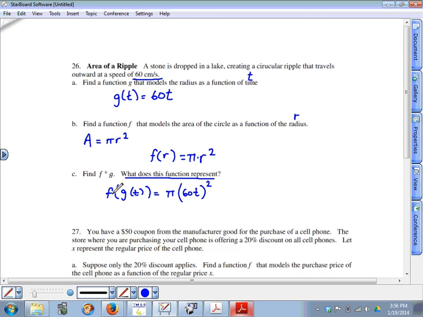So instead of describing the area in terms of its radius, this describes the area in terms of the independent variable t. This function will give us the area at any given time t. So instead of having to know the radius to find the area, all we have to know is how much time has elapsed. Depending on how many seconds have passed, you multiply that by 60 to find the radius, and that squared times pi will give you the area of the circle.